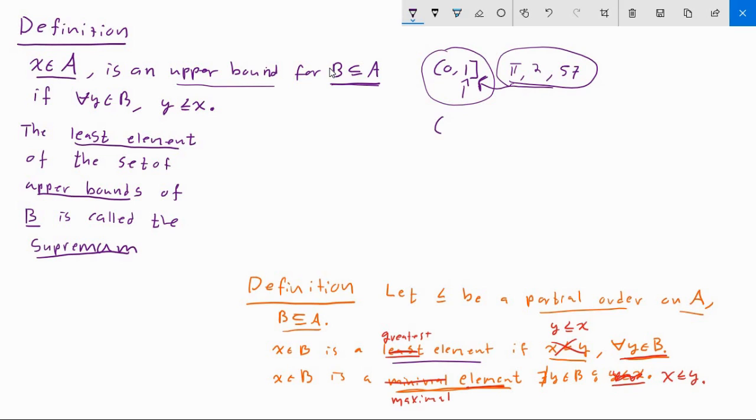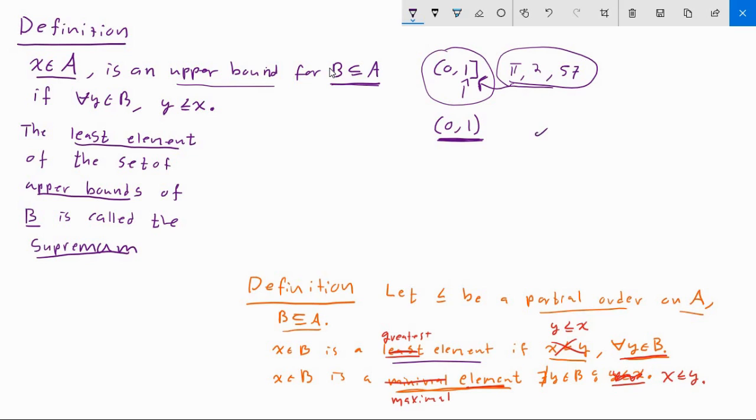Now, if instead we were to look at the open interval from 0 to 1, notice that 1 is still the least upper bound. 1 is still an upper bound. It's certainly greater than or equal to everything in the interval from 0 to 1. And there's no smaller upper bound.